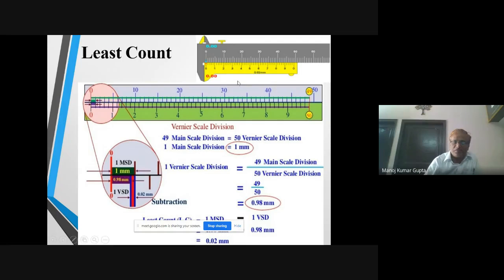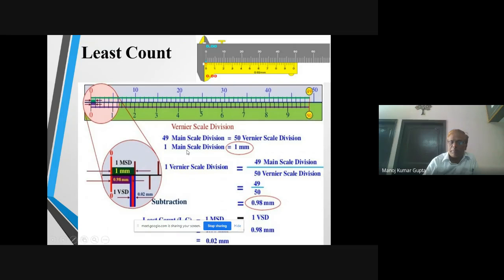I want your attention to this point: 49th mark on the main scale coincides with 50th mark on the auxiliary scale. This is the vernier scale. Then 49 main scale divisions are equal to 50 vernier scale divisions.